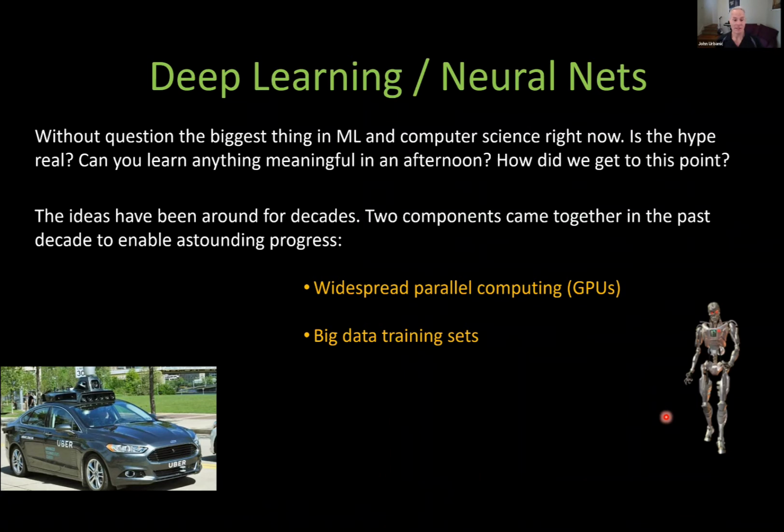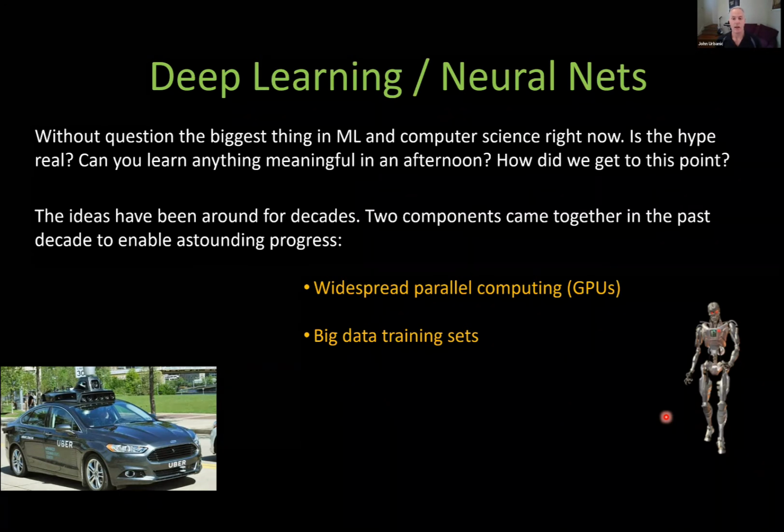The two pieces I mentioned briefly earlier that really enable this stuff, and have resulted in the emergence of this technique and its dominance in machine learning, are the widespread availability of parallel computing on the desktop in the form of GPUs, along with big data training sets, large training sets, which these learning techniques require. So this is what's really changed and enabled a technique that we'll see goes back to certainly the 80s.